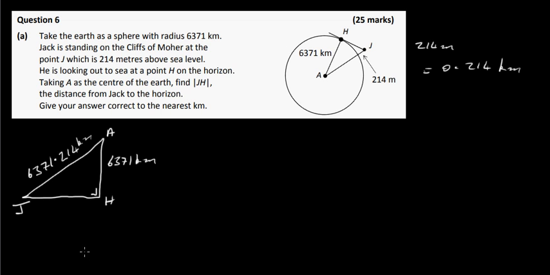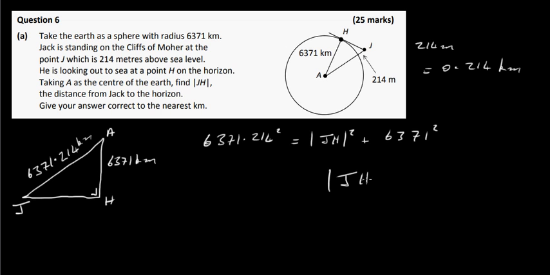And we've got to find the distance from J to H, this distance out here. So again, I'm just going to use Pythagoras' theorem. We can say that 6371.214, if we square it, should be equal to the distance from J to H squared plus 6371 squared. I'm going to do a couple of steps here. I'm just going to write down JH squared.